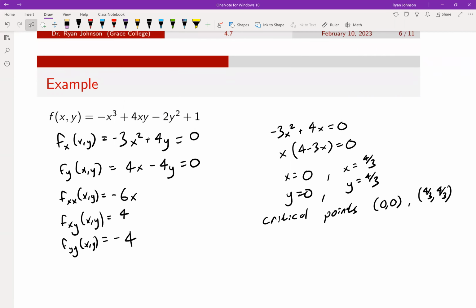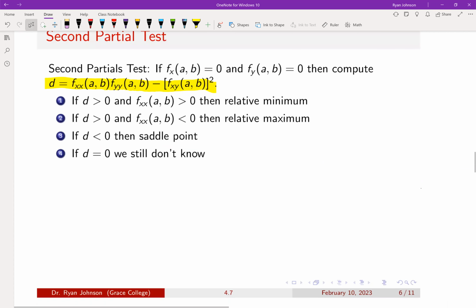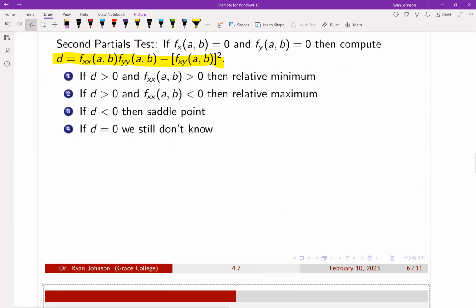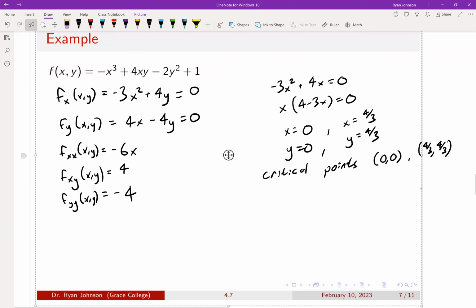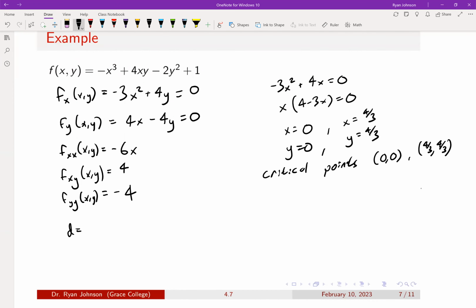So then looking up here again, D is fxx times fyy minus fxy squared. So then D equals negative 6x times 4 minus negative 4 squared.